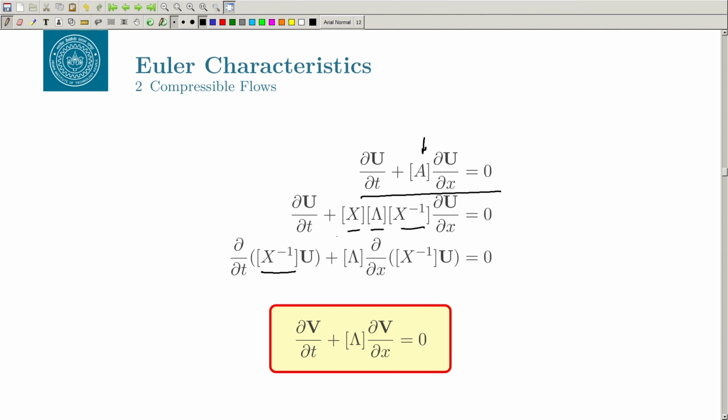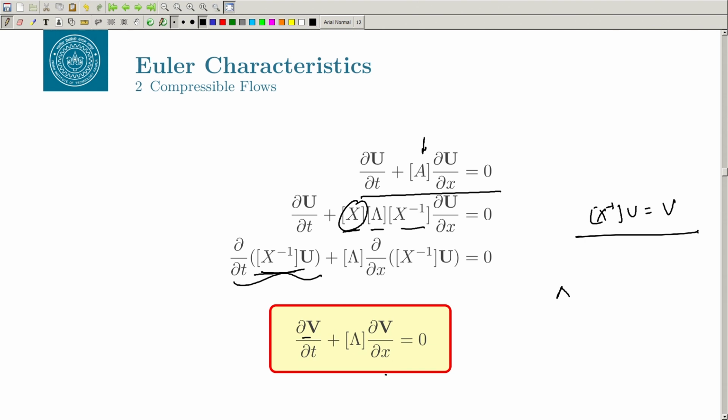Then what will happen is that the X inverse, if you multiply, this will get cancelled out. So, you get a new vector, since X inverse u is also a vector, and we call this vector v. So, you got a new relation, which is dv by dt equal to lambda del v by del x.